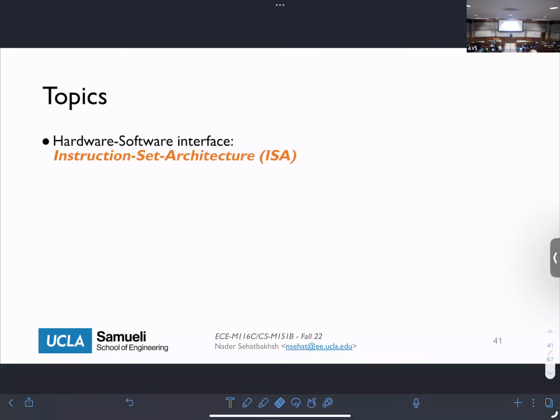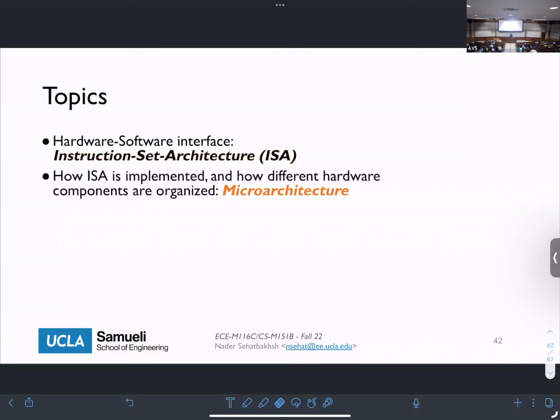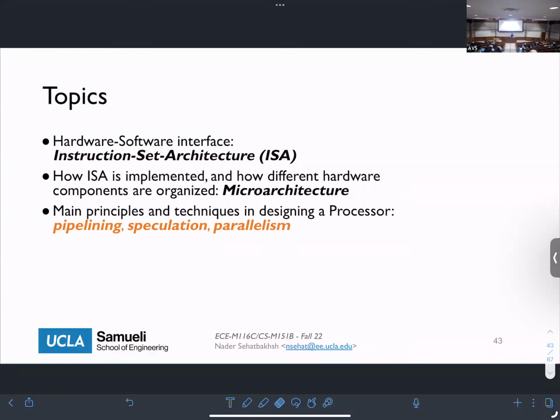Okay. So the topics that we covered: we started with the ISA and the hardware-software interface. Then we moved on to how we implement this ISA in hardware, and we talked about the microarchitecture. We talked about the datapath and controller. Then we started talking about lots of principles in order to make this system faster.